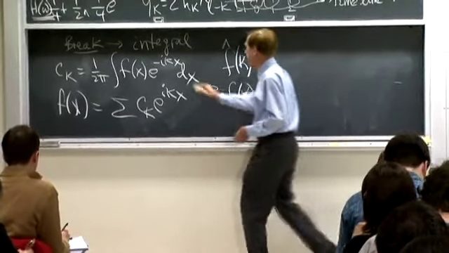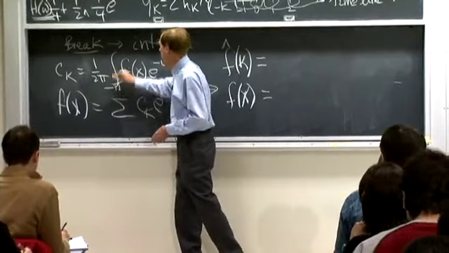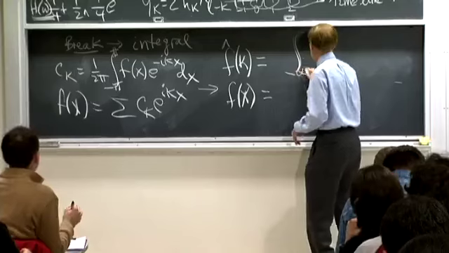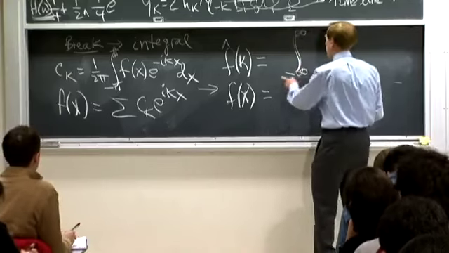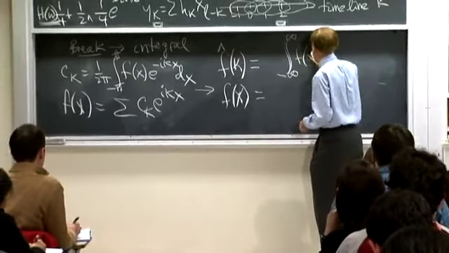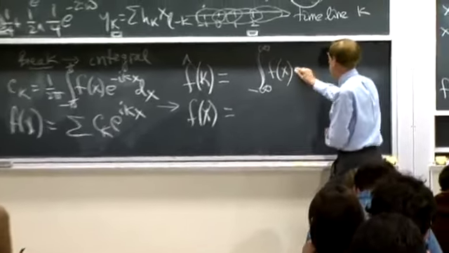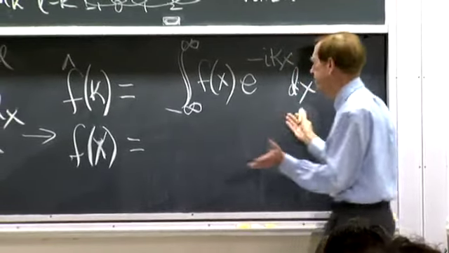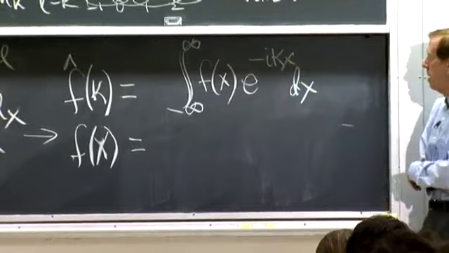Okay. Now this integral went from minus pi to pi, because that was periodic. But now all the integrals are going to go from minus infinity to infinity. We've got every k, every x. So we take, what do you expect here? F of x, e to the minus I k x dx? Yes. Fine. Same thing.